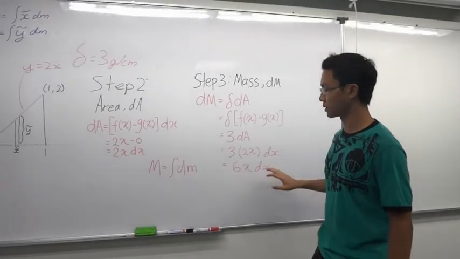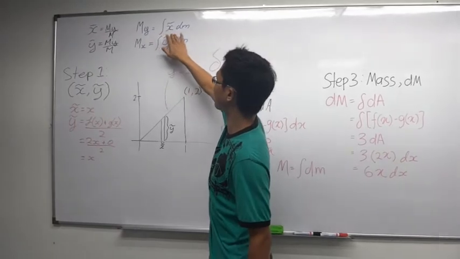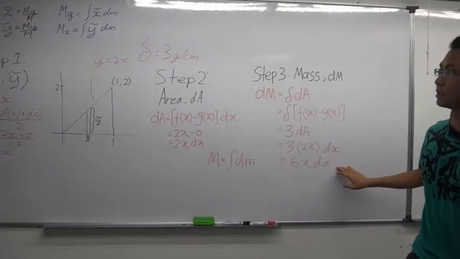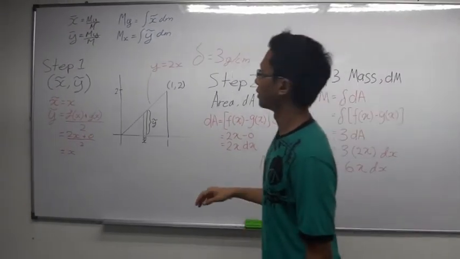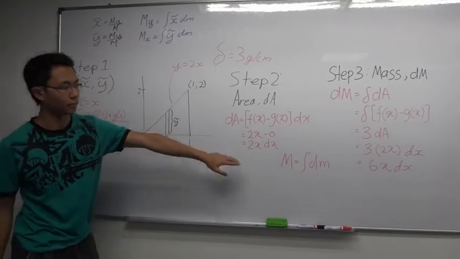And therefore we'll be able to substitute all these values, and we'll get My is equal to x tilde, which is x, times dm, which is 6x dx. And to get M here, we'll need to integrate dm.